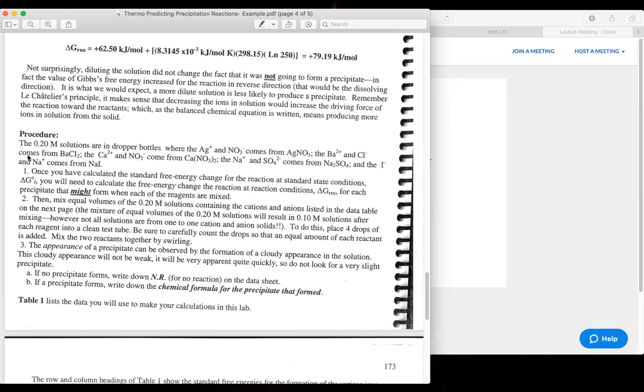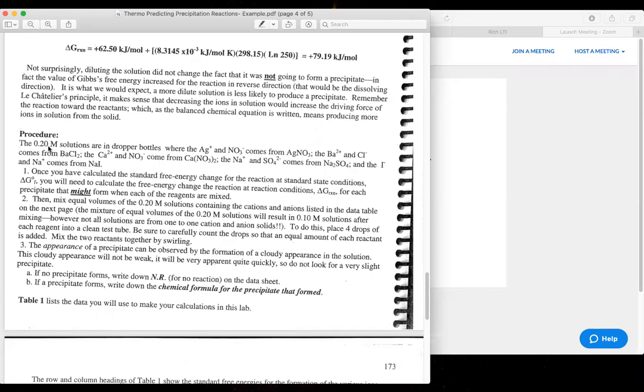Look at the procedure right here. Can you see the procedure? Are we together? Yes. All right. The procedure calls for using 0.2 molar, and of course the room pressure is not 1 atmosphere, so we have to use a different equation to complete the data sheet, and I'll walk you through that.